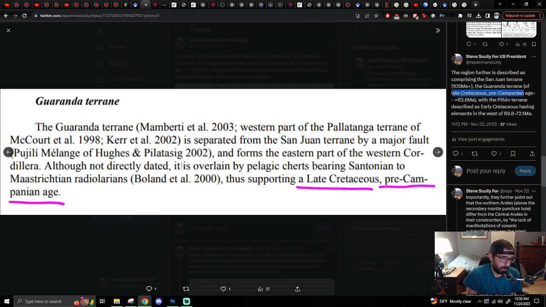Although not directly dated, is overlain by pelagic cherts bearing Santonian to Maastrichtian radiolarians, supporting a late Cretaceous pre-Campanian age, so sometime in the late Cretaceous before 83.6 radiometric dating.